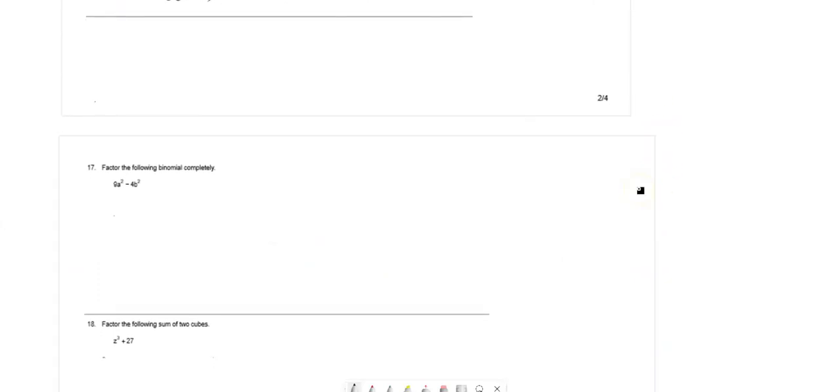Let's factor 9a squared minus 4b squared. So let's go ahead and find the factors that will give us these two perfect squares. So 3a times 3a gives us 9a squared. 2b times 2b gives us 4b squared. So we know that we're using the difference of two squares formula, where a plus b times a minus b are our factors.